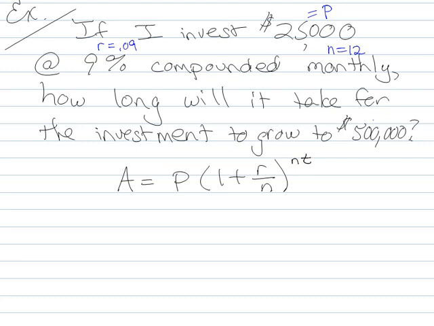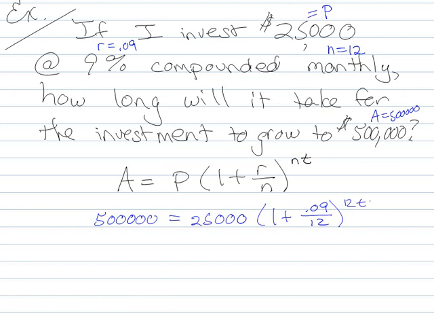And I want to know how long till I get $500,000, so that's going to be my A. So now let's plug these things in and see what happens. 500,000 equals 25,000 times 1 plus 0.09 over 12 to the 12t. And we get to solve for t.